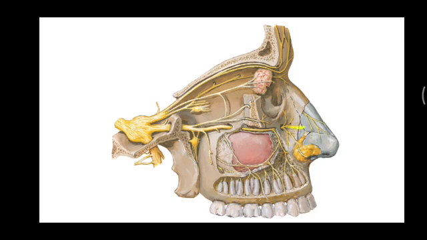The nasal branches supply the skin of the side of the nose and the mobile part of the nasal septum. Next branch are the superior labial branches. They join with the branches of the facial nerve and form the infraorbital plexus.